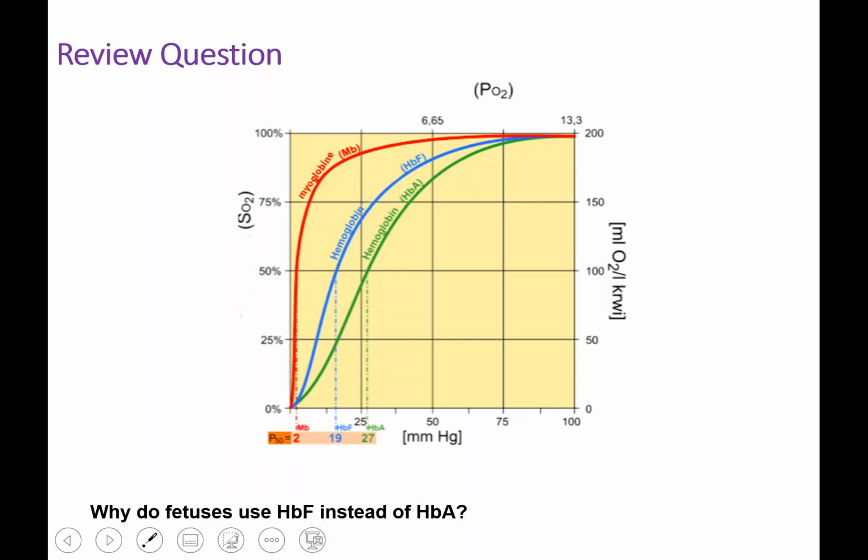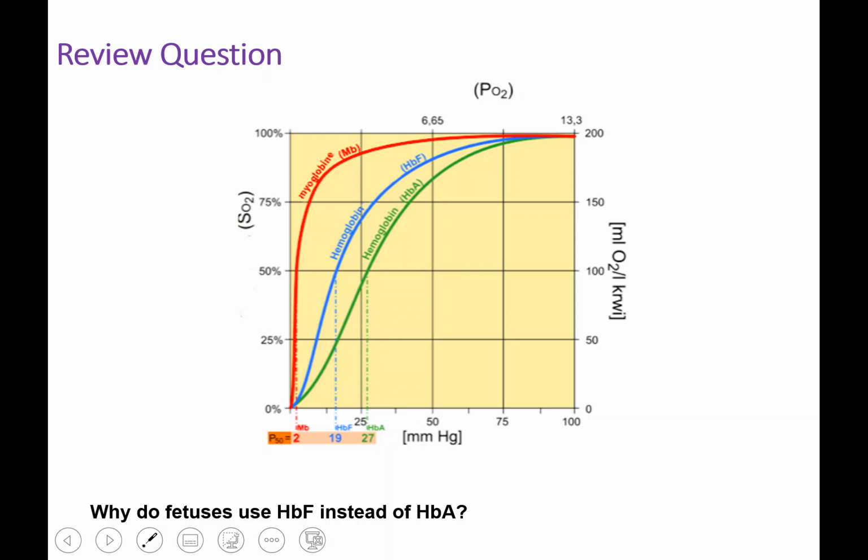It's actually a composite. It has the alpha subunits as the normal HbA does, but the beta subunits are replaced by what's known as the hemoglobin gamma subunit. So it's slightly different, which makes the overall hemoglobin tetramer bind oxygen more strongly.